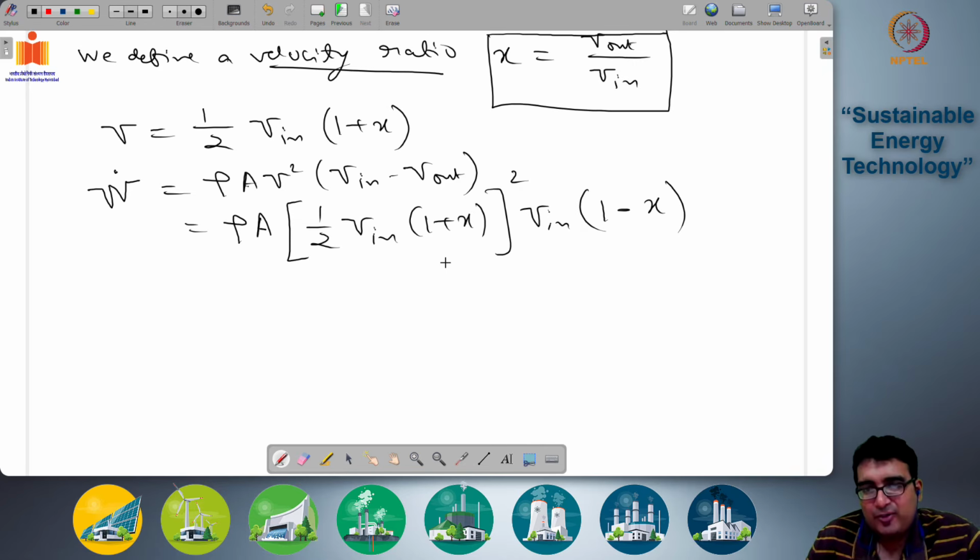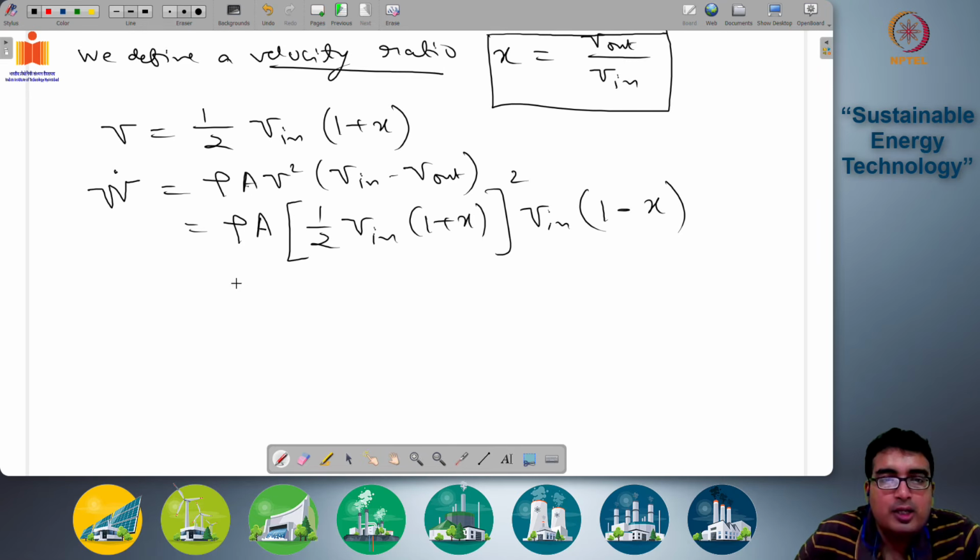So what we are basically trying to do is expressing everything in terms of the velocity far upstream of the wind turbine, which is actually what the wind velocity is, right? The wind velocity, the normal wind velocity, if there were no wind turbine, is your V in. So that is the wind speed distribution that we are talking about. So we know the wind speed distribution of the average wind through anemometer readings, etc. Okay. So V in is known. So we are trying to express everything in terms of V in now.